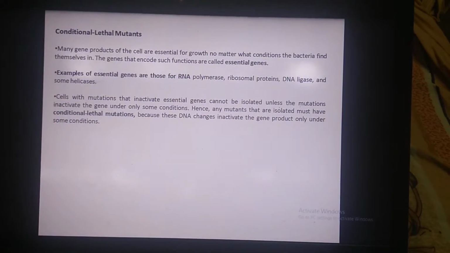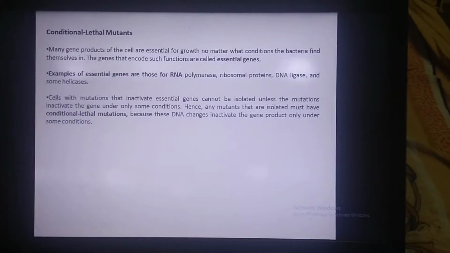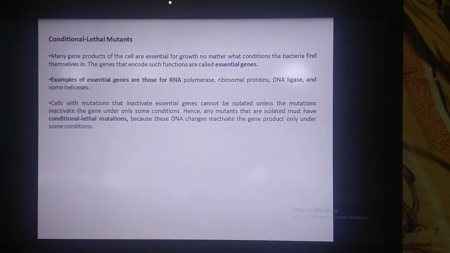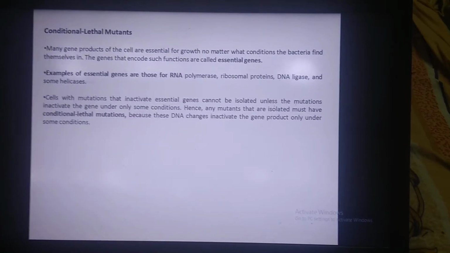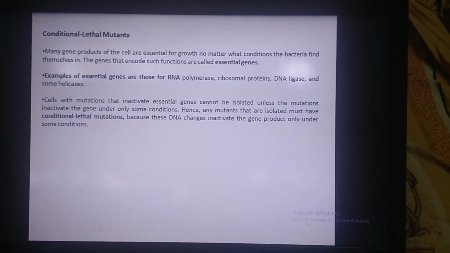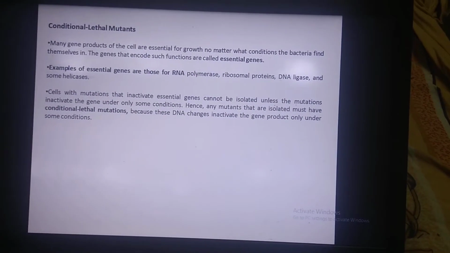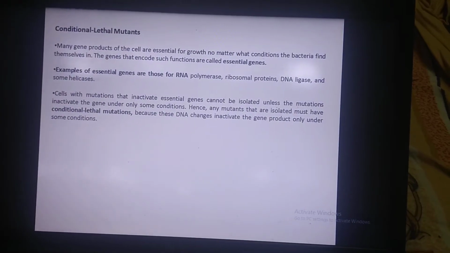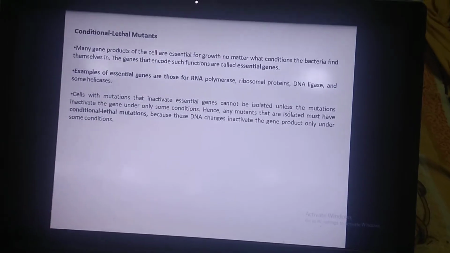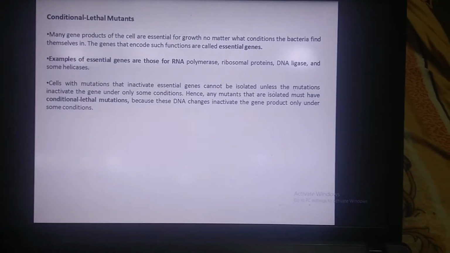So you really cannot isolate these lethal mutations. But if these mutations are such that they are lethal only under certain conditions, you can easily isolate them and grow them in your laboratory, and only under certain conditions they are lethal, while in other conditions they will survive, right? So these are conditional lethal mutations.